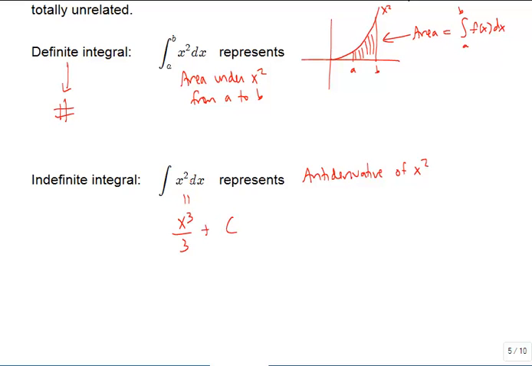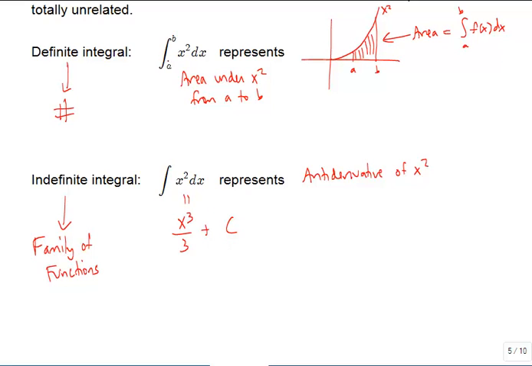You add 1 to the power and divide by the new power. So this is actually going to be a function, and actually it's going to be a family of functions for the answer. It's a family because of that plus c on the end. When there's no bounds, you'll always have a plus c.